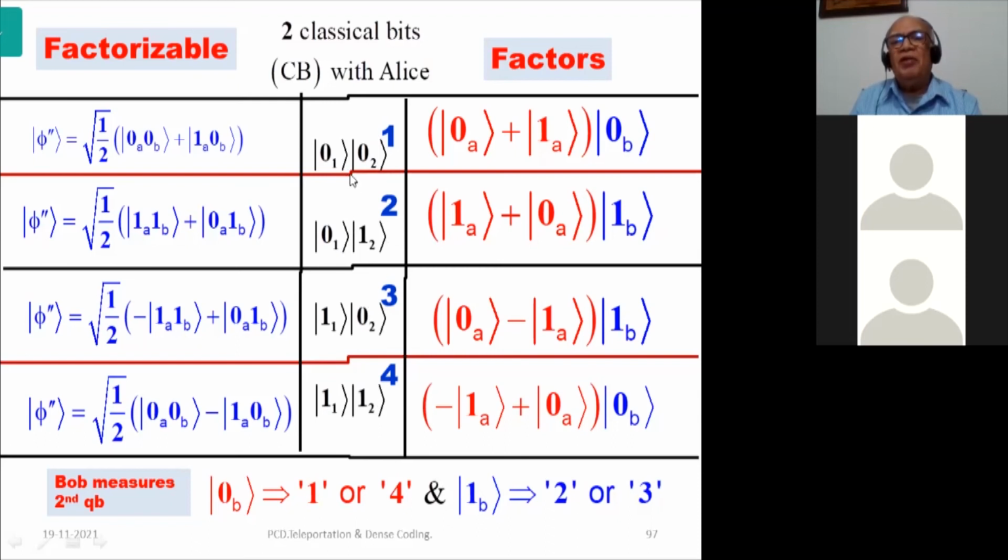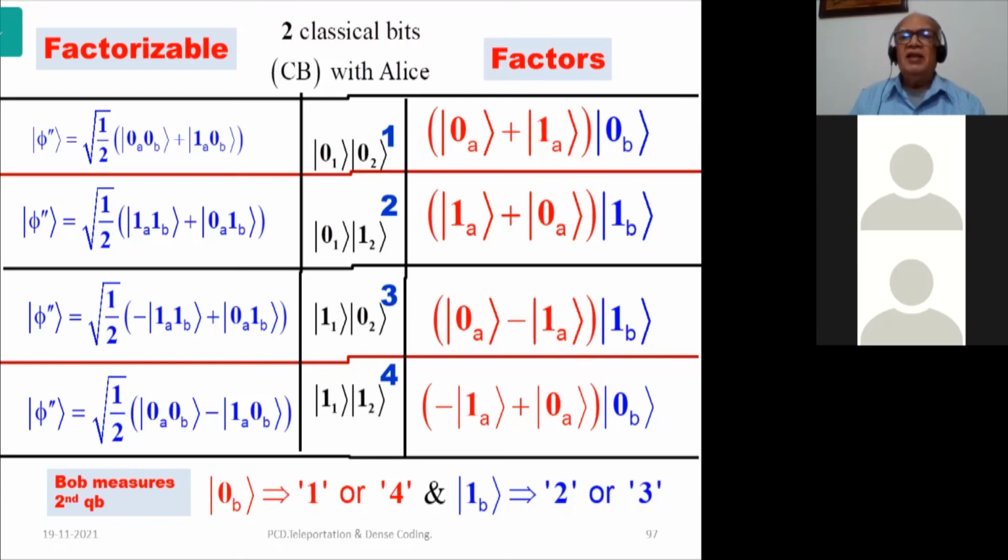But he doesn't know whether it is 0, 0 or 1, 1, because there are these 2 Bell states, which have been rendered factorizable after the performance of the control knot operation using Alice's qubit as the control qubit and Bob's qubit as the target qubit.